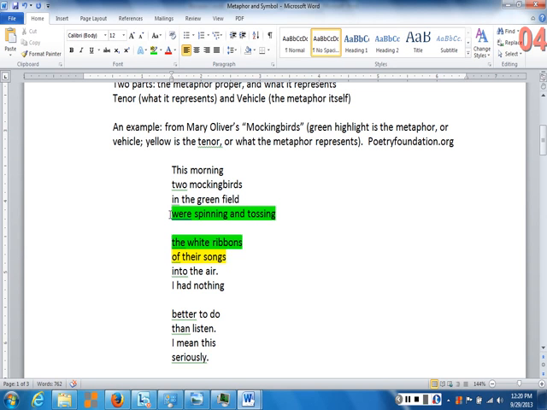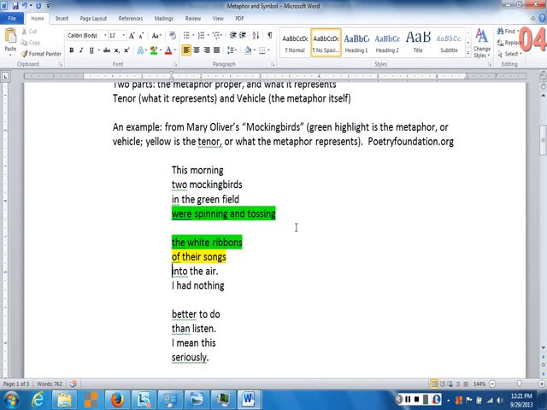All right? The metaphor itself, the green highlight then, is the metaphor, the vehicle, we say. And then the yellow highlight is the tenor, the thing that the metaphor represents. So we say that spinning and tossing the white ribbons is a metaphor for songs.